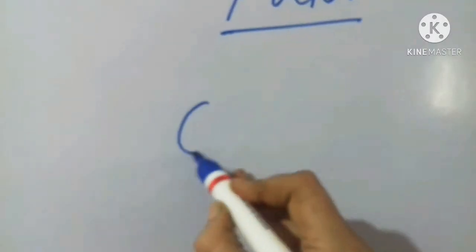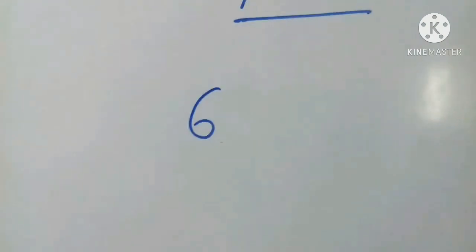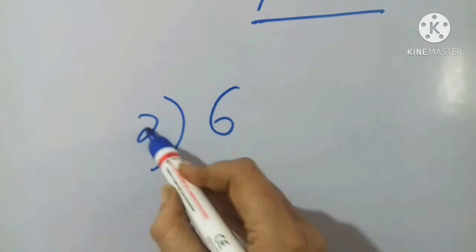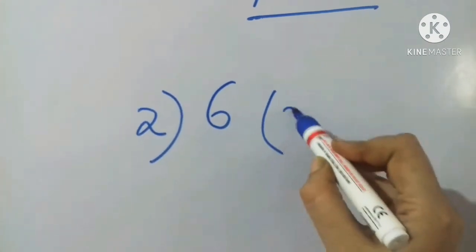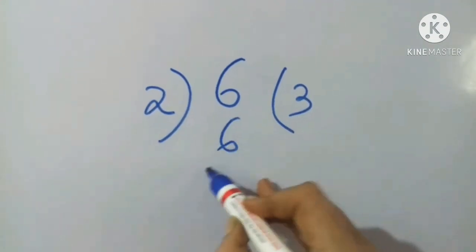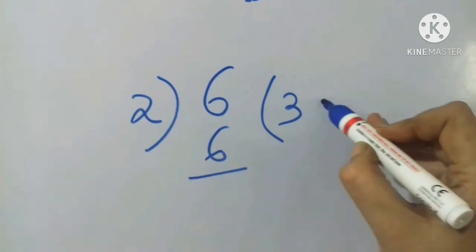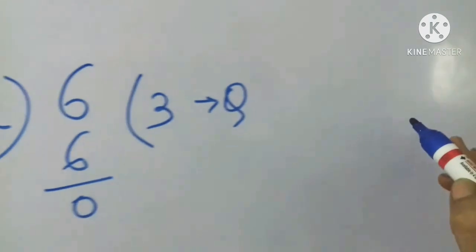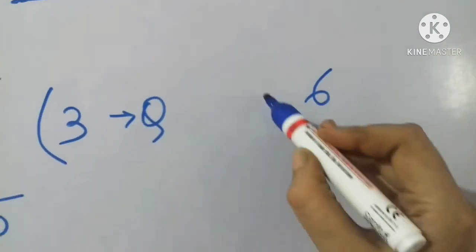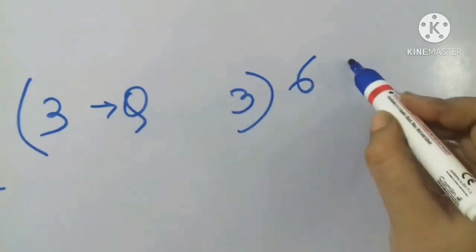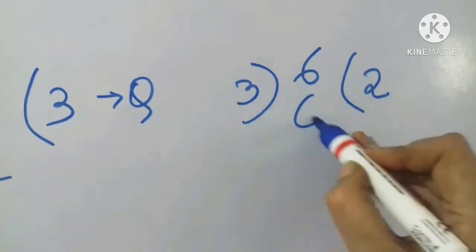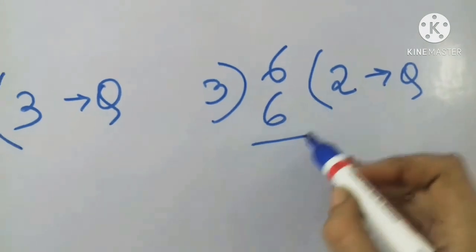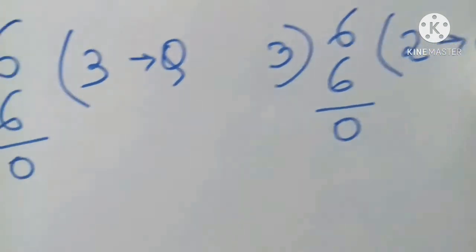Suppose 6 is a number. I can divide this number in two ways. First, I can divide by 2, then 3 2s are 6, and here 3 will be the quotient and the remainder will be 0. In the second way, I can divide 6 by 3, then 3 2s are 6, and here the quotient will be 2 and the remainder will again be 0.